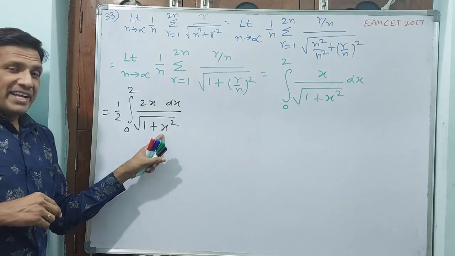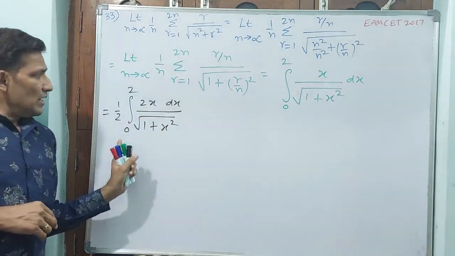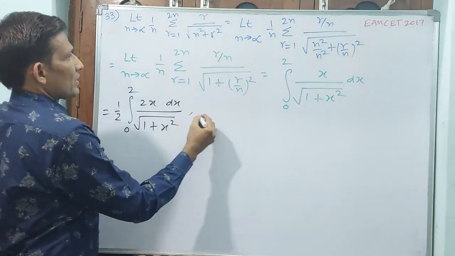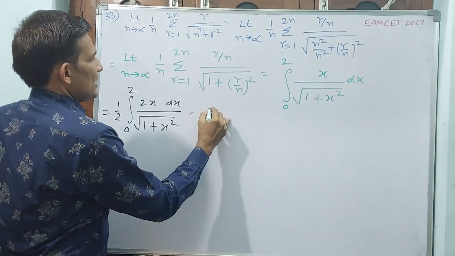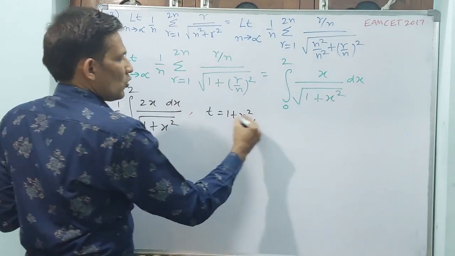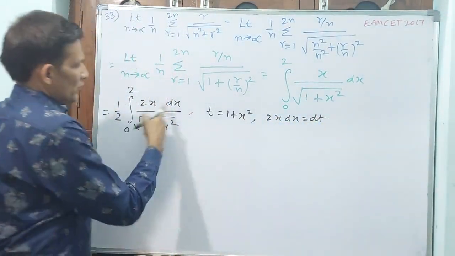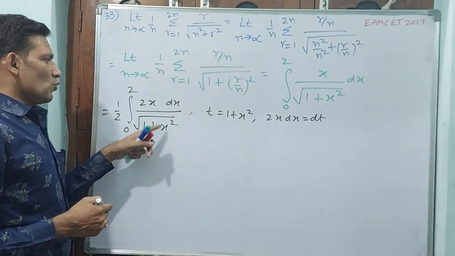We are going to take t as 1 plus x square, then 2x dx will be your dt. Limits also are going to change. Okay, let us proceed. See, let t is equal to 1 plus x square, 2x dx is equal to dt, numerator. Okay, that is also there. This root t, this dt.